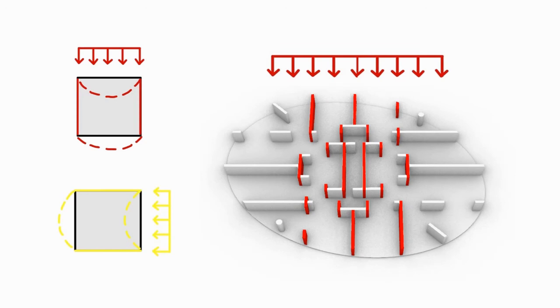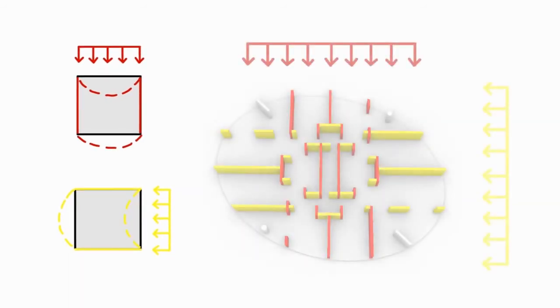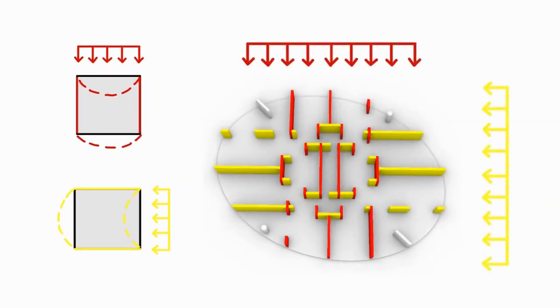When I apply this method of resisting wind load to our building, the red walls operate as shear walls resisting wind load in the red direction, and the yellow walls operate as shear walls resisting wind load in the yellow direction. The overall operation looks like this.